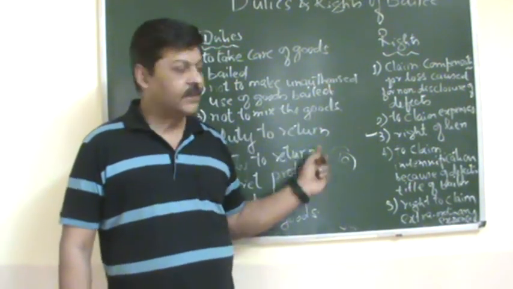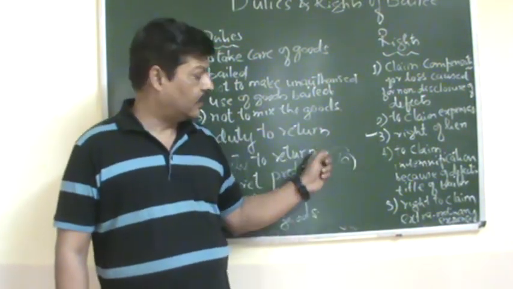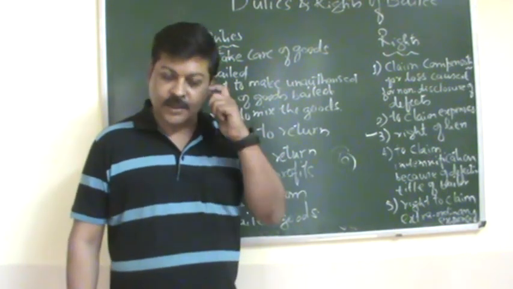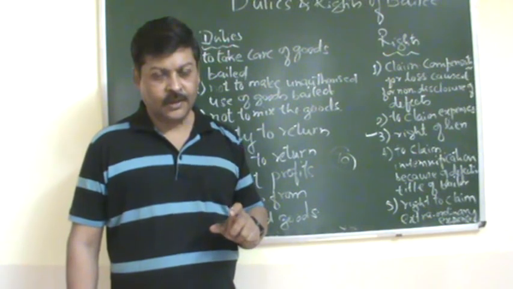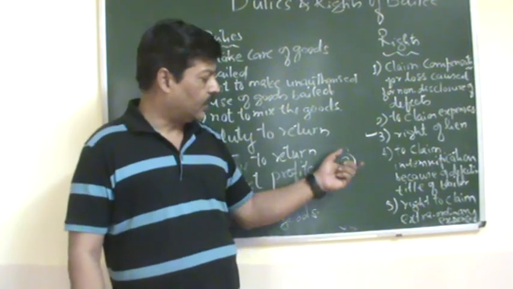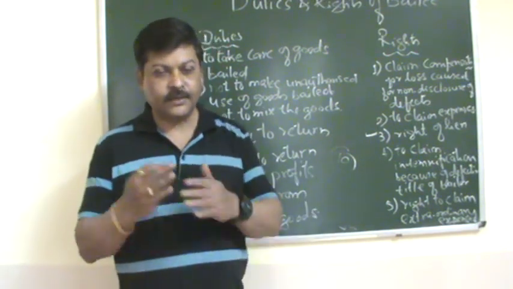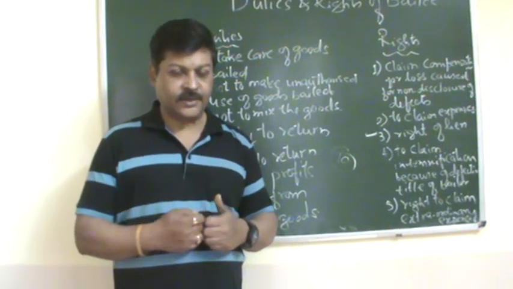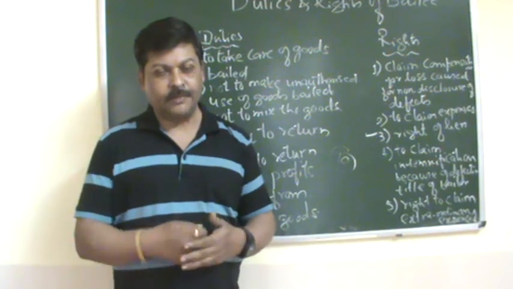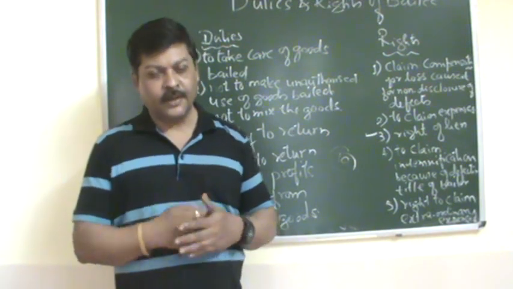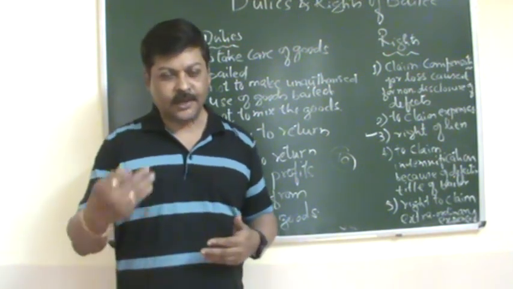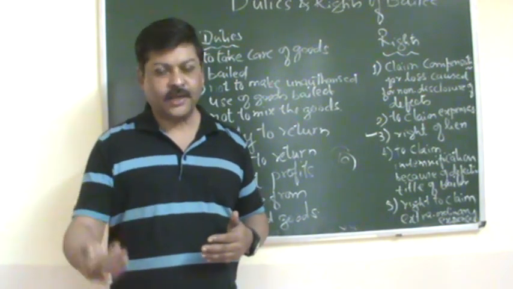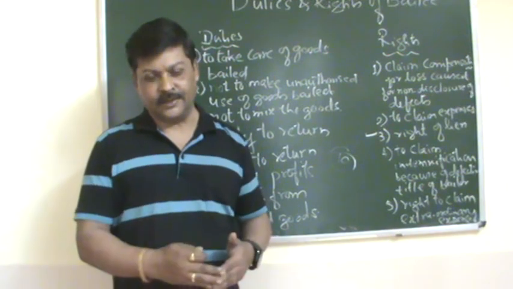So the 5 rights and the 5 duties, this question can be there for 10 marks. You can prepare on this; we have discussed the rights and duties of the bailor, and the rights and duties of the bailee. The last one we will be taking is discharge of the bailment, how the bailment comes to an end. That is another 5 marks question. That aspect we will be taking in the next class, and I will be concluding this.